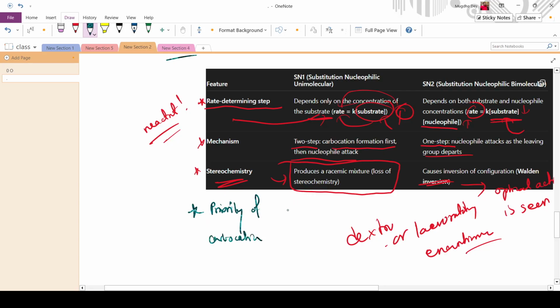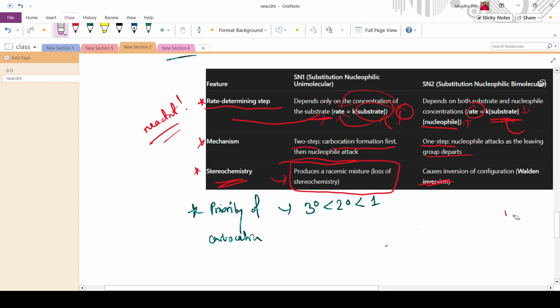So this is the priority for SN1, it is going to be third degree first, and for SN2 it is the opposite.